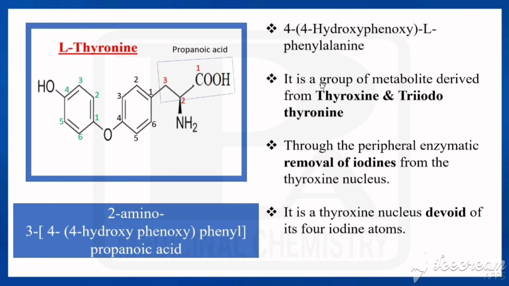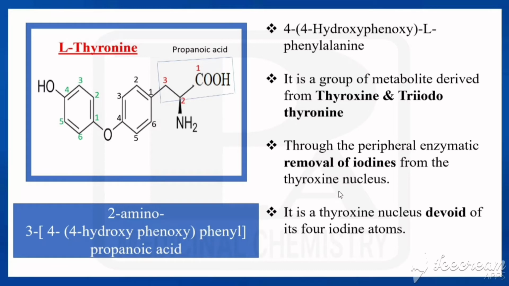What is it? It is a group of metabolites derived from thyroxine and triiodothyronine through the peripheral enzymatic removal of iodines from the thyroxine nucleus. So in the thyroxine nucleus, what is removed? Iodines are removed, and it is a thyroxine nucleus that does not have the 4 iodines.